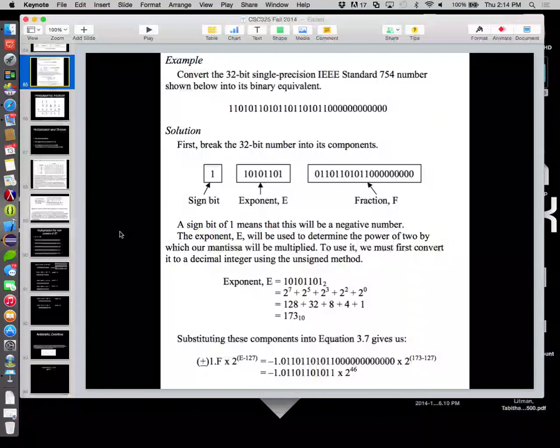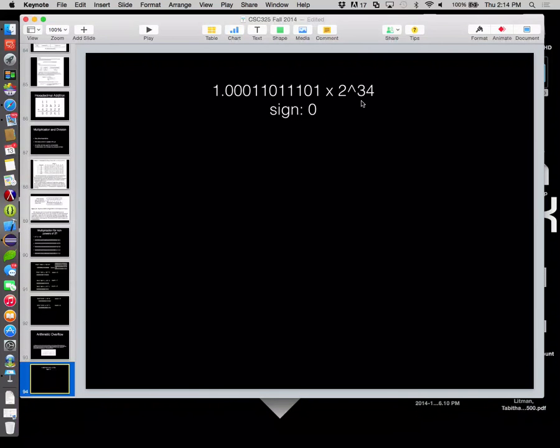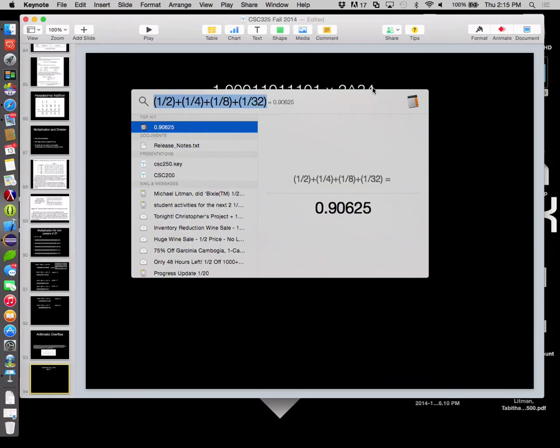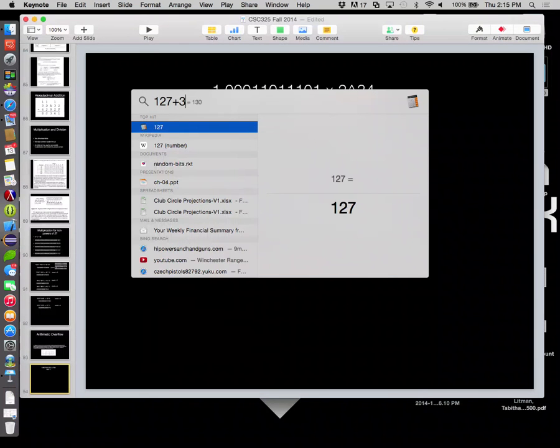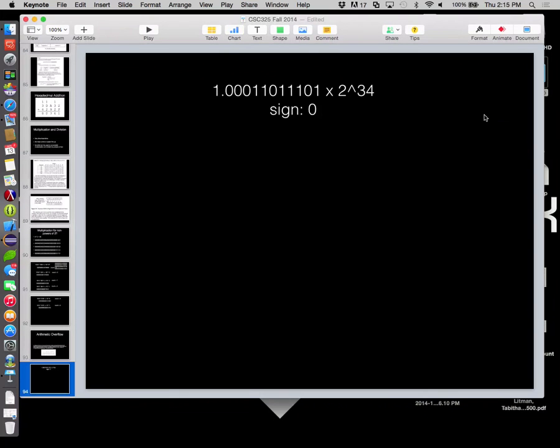Okay, then our example has a final E of 34. That means when we took some value and subtracted 127 from it, we got 34. So 127 plus 34 is equal to 161. So we know that the decimal version of E is 161. What's the binary version of that?